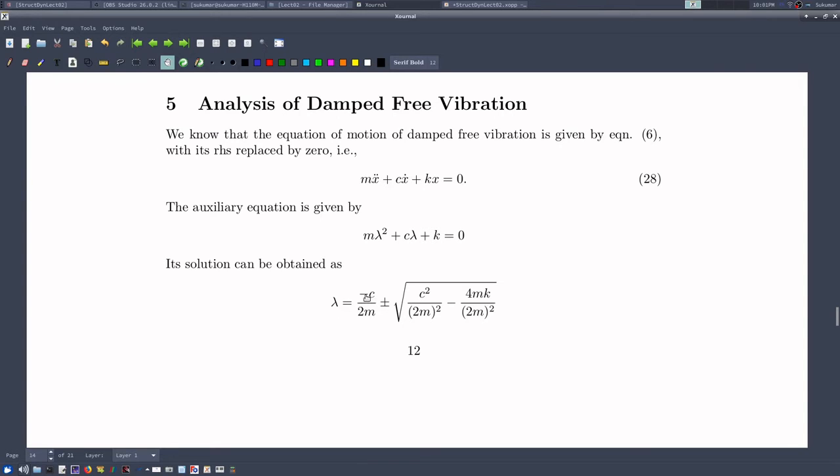So lambda will be given by this expression. So I have two values of lambda, lambda 1 and lambda 2, which are given by this plus and minus sign, right?